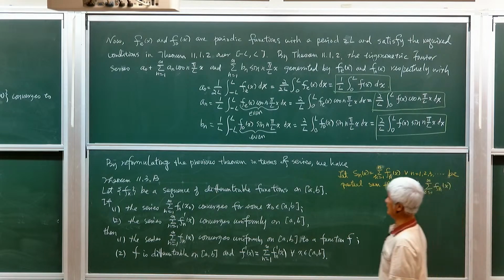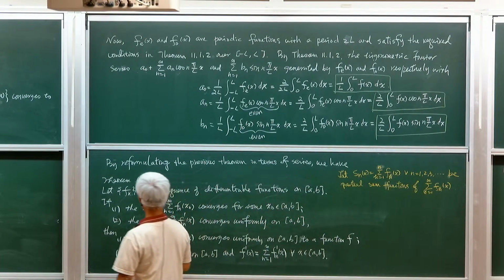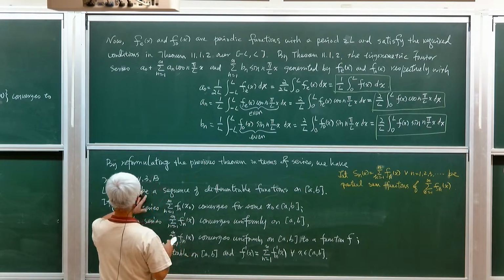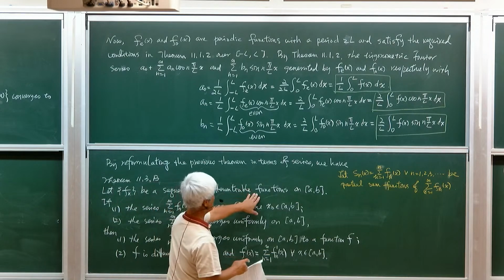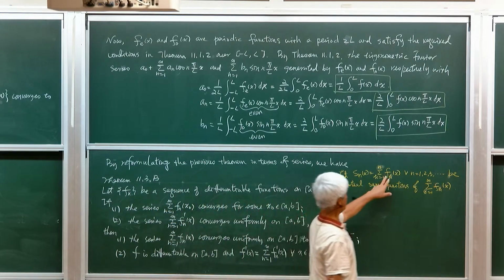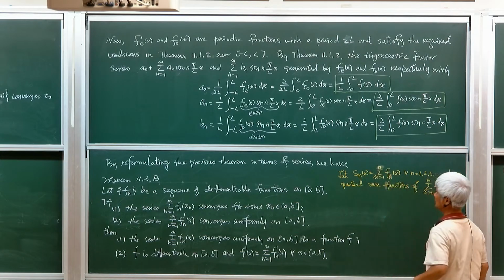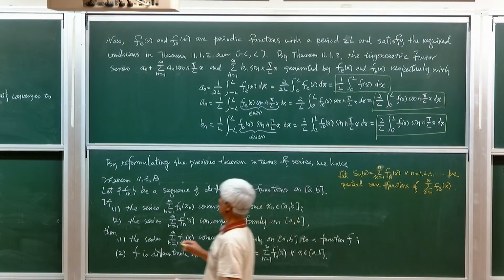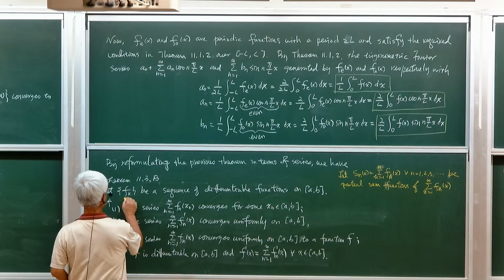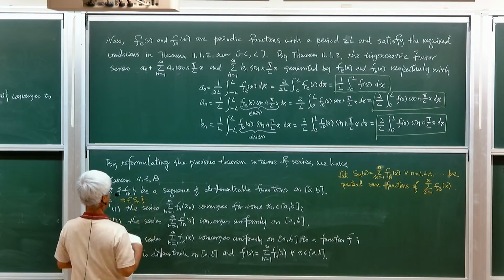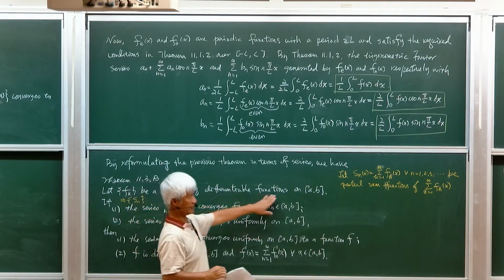Since each f sub k is differentiable, the partial sum is also differentiable. So this implies that the partial sum functions are a sequence of differentiable functions on AB.